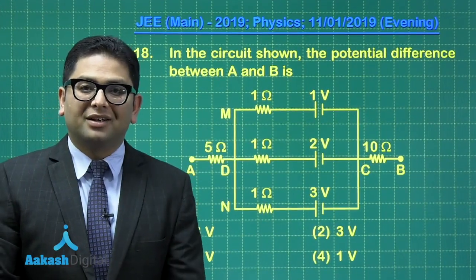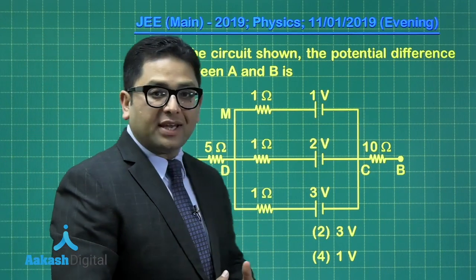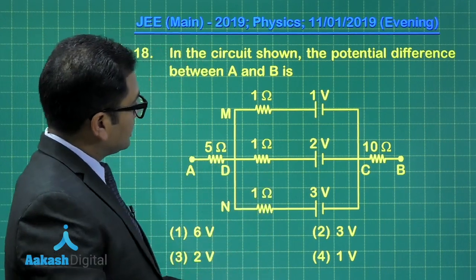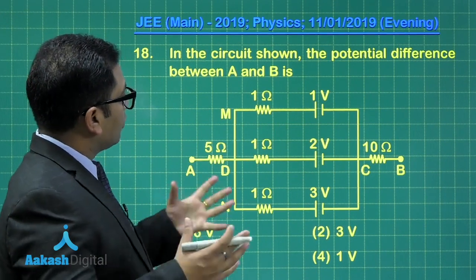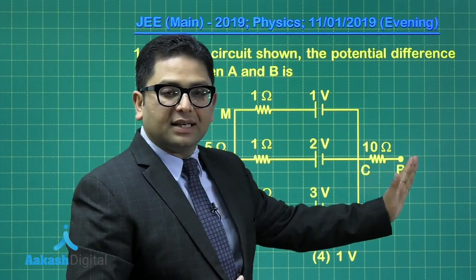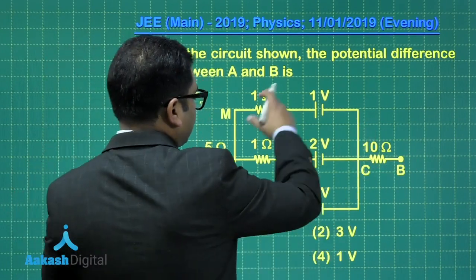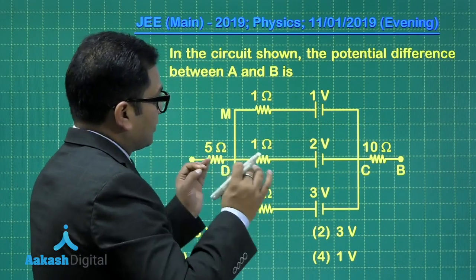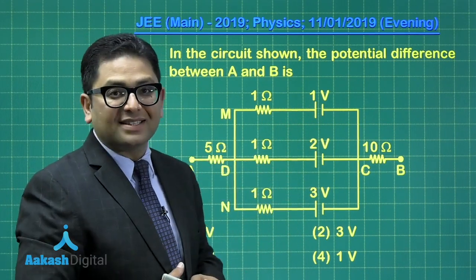Question number 18. You can see there is a certain arrangement of battery and internal resistances, 1 volt, 2 volt, 3 volt and stuff like this. We need to calculate the potential difference between A and B. Now here, if I will be able to reduce this into a single EMF with its internal resistance, the job is going to be very easy.